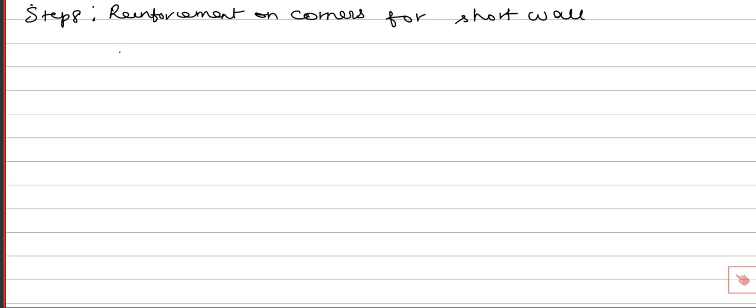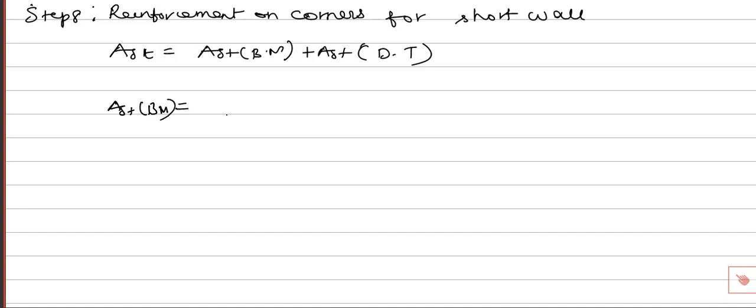AST is equal to the same, AST for bending moment plus AST for direct tension. So same formula. AST for bending moment is MF minus PX divided by sigma ST J into D.